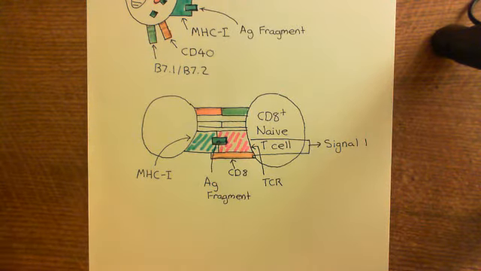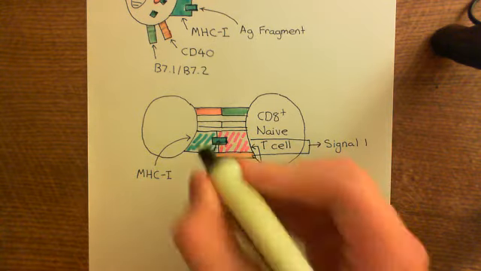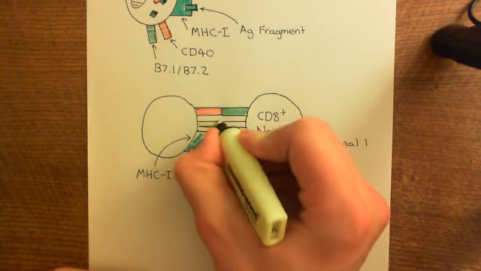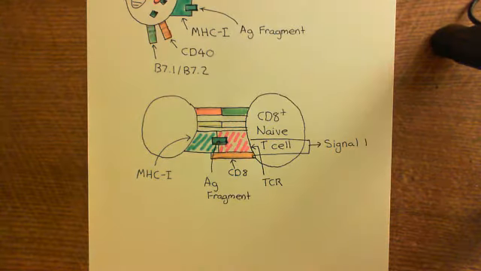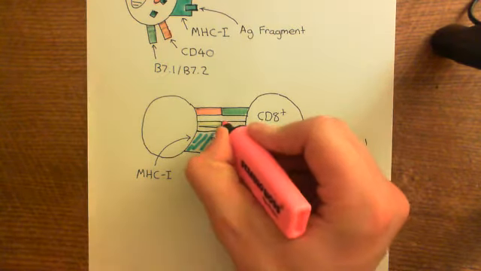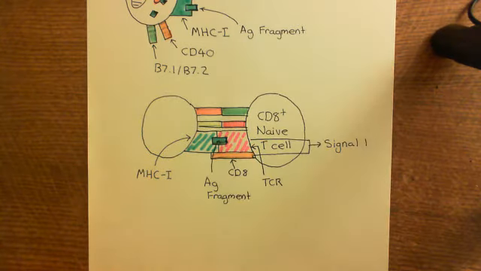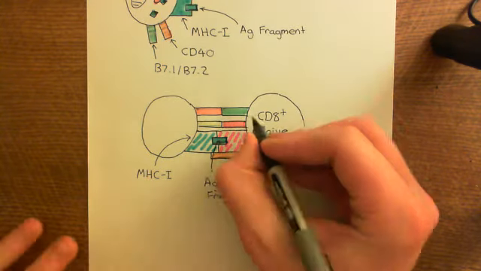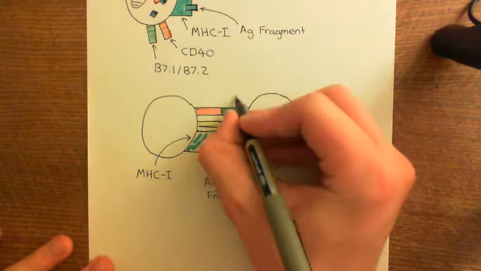We'll have, what other colours have I got? Now I've used that one, yellow. Then we'll have B7.1 or B7.2 in yellow, and then we're going to have to duplicate, I think. We'll have the CD28 in pink here. Okay, so let's label these all up.